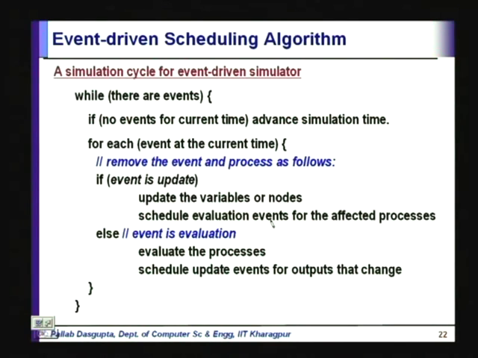Affected processes means those that are in the current fan out of that. Otherwise, evaluate the process if it is an evaluation event and schedule update events for outputs that change. Now see, this evaluation is actually looking back in time and finding out whether anything is at all going to change. If it does change, then it schedules the update events for the outputs that change.